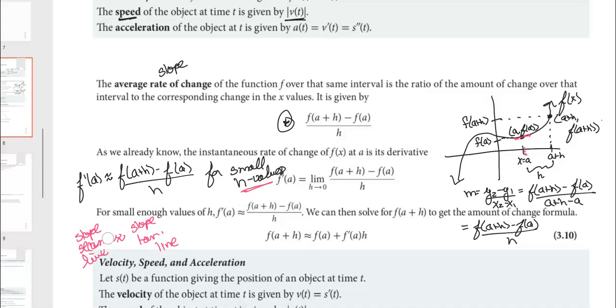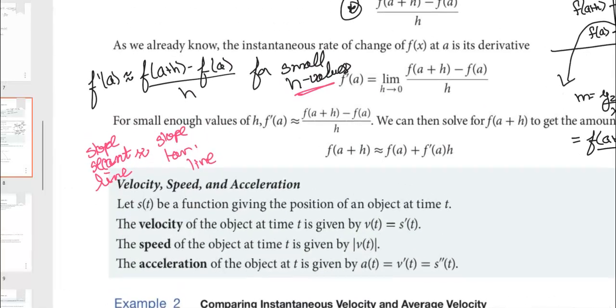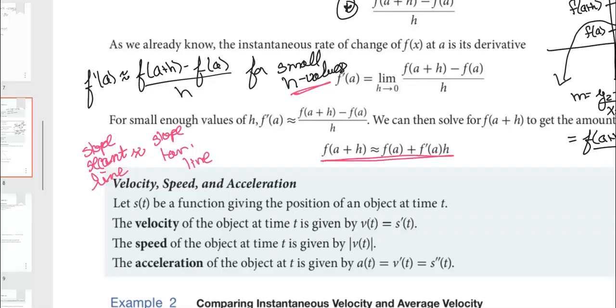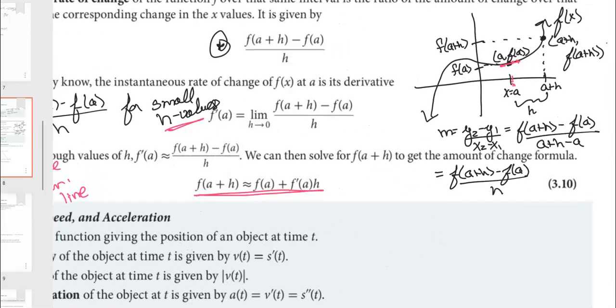Let me try to clean up my writing here. So then let's take our little equation and let's solve this guy for f of a plus h. So we can multiply both sides by h, and then we could add this f of a to the other side, and we could get an approximation for f of a plus h. So we could figure out what this would be, our new x plus h, f of x plus h.